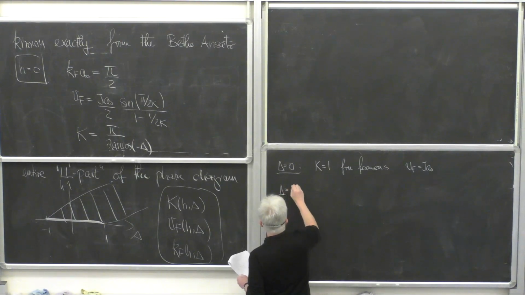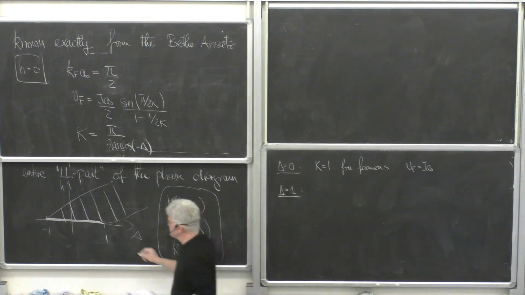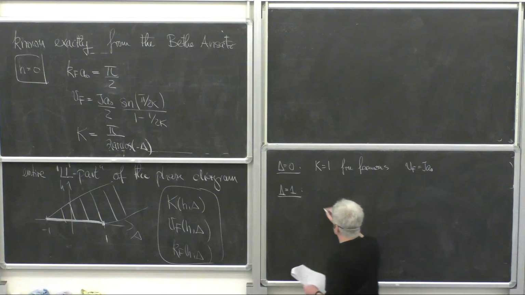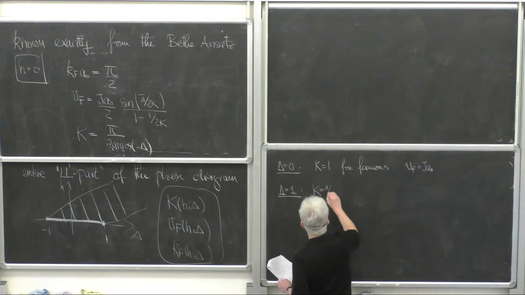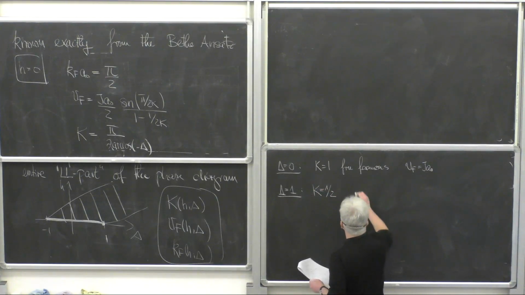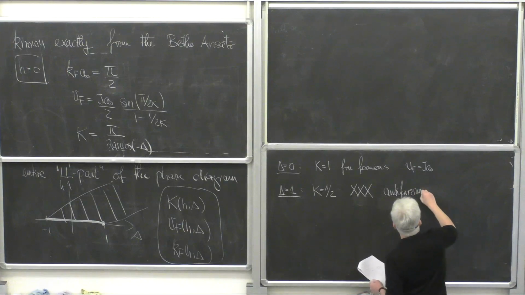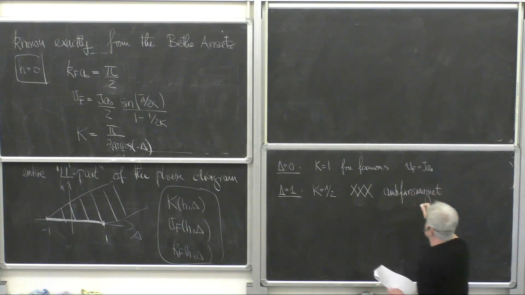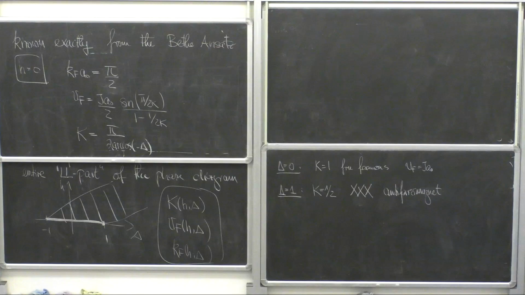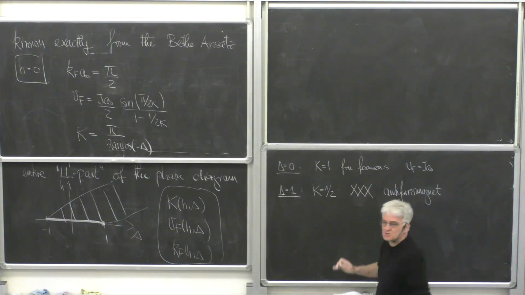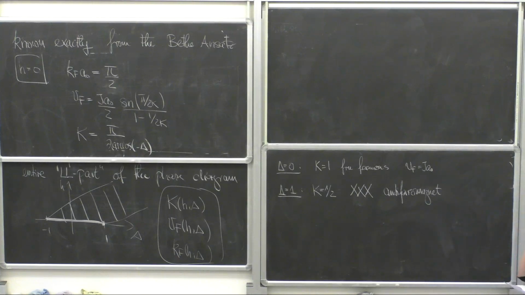Now delta equals 1, which is this point here. That's a very interesting point. Here we have K equals a half. This is called the XXX antiferromagnet, not because of what you think, but just because there the anisotropy vanishes. So the interaction in the Z direction is the same as in the X direction.